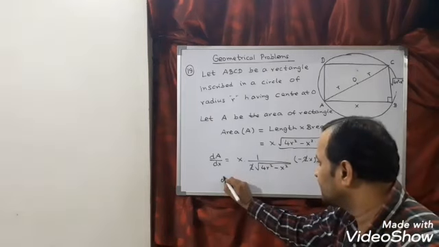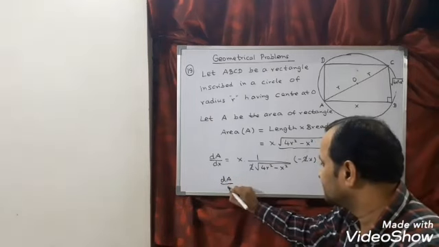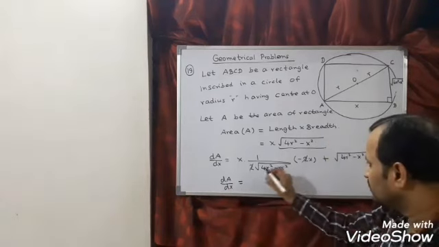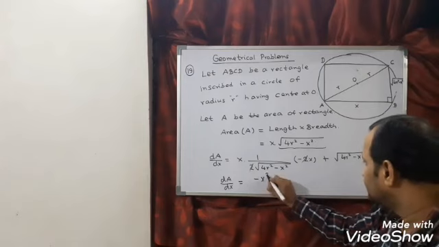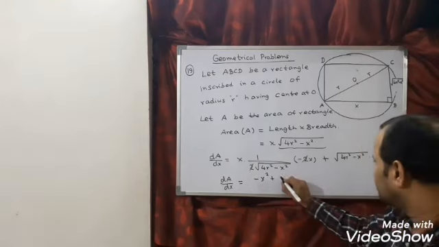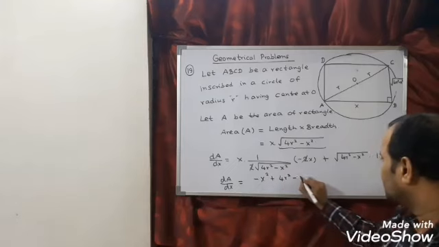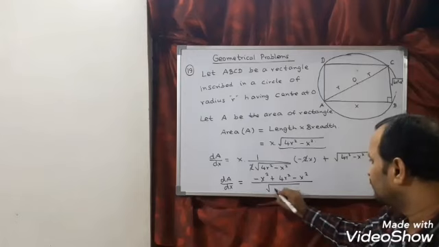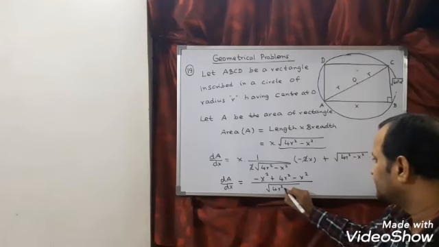So here I can say dA by dx is equal to, now take LCM, what will you get? Minus x square will come, plus this multiplied with this. So what you will get is 4R square minus X square whole divided by square root of 4R square minus X square.